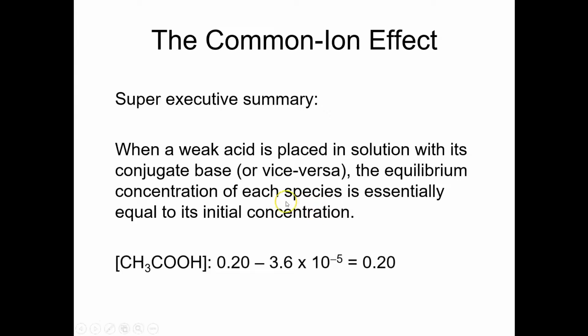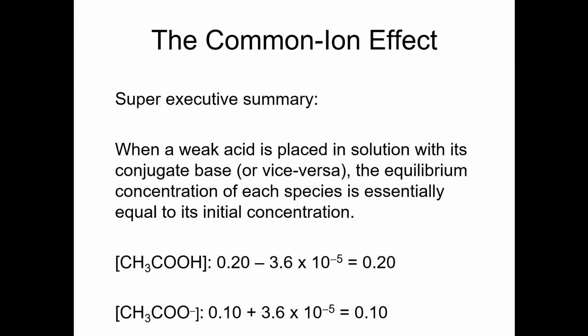In the example we saw where the acetic acid and acetate were in there together, the change in concentration of the acetic acid between the initial condition and the equilibrium condition was so tiny that it can essentially be ignored. And the change in concentration of the acetate between the initial condition and the equilibrium condition is so tiny that it could also be ignored.